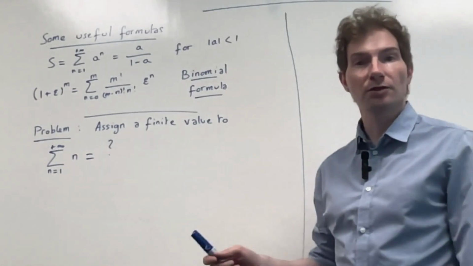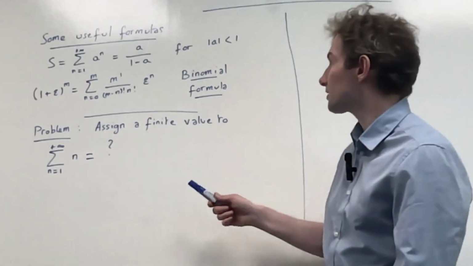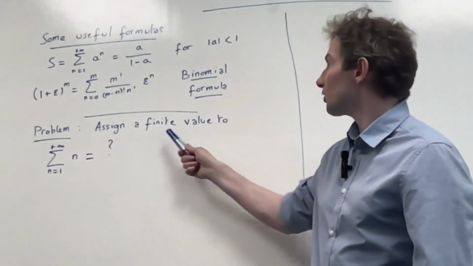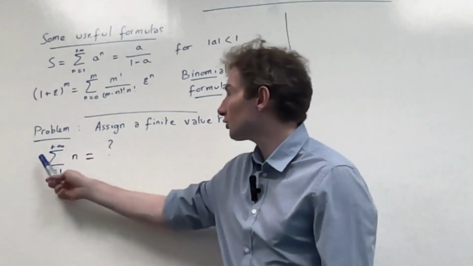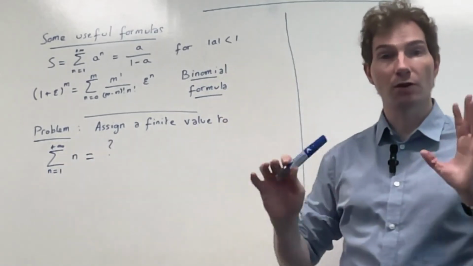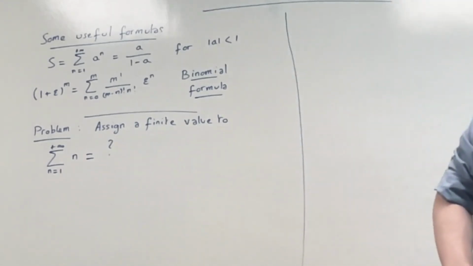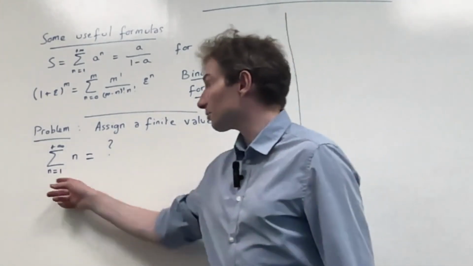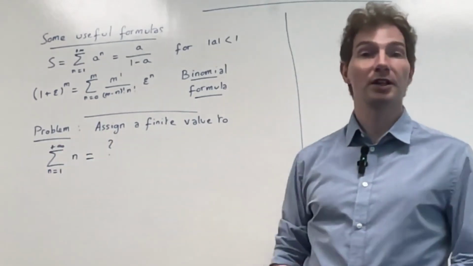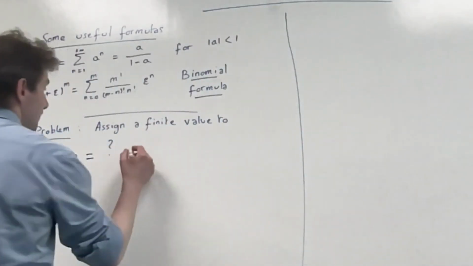So then the question we want to ask is, how can we assign a finite value to that particular sum? Of course, the very first thing to say, and that's really important, is that this particular sum, 1 plus 2 plus 3, etc., to infinity, is divergent.